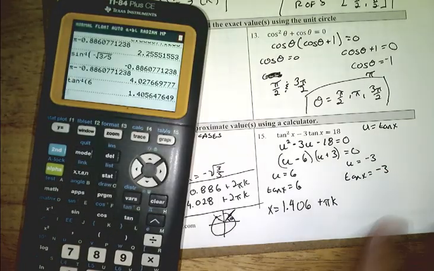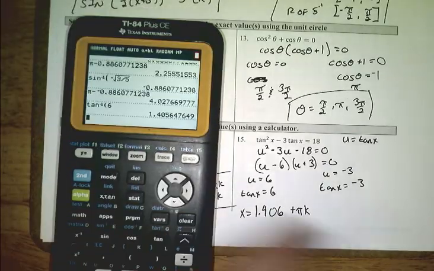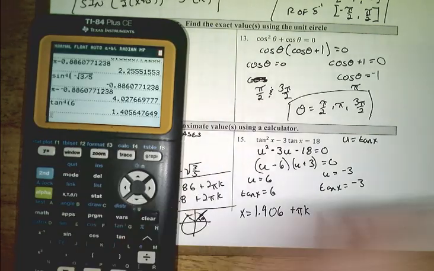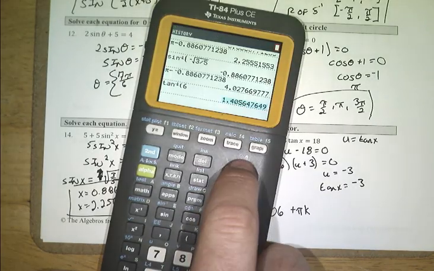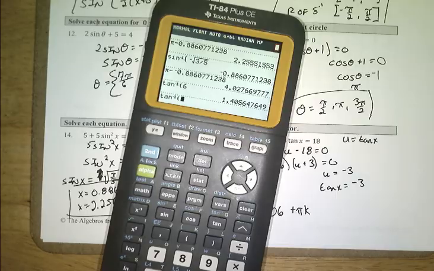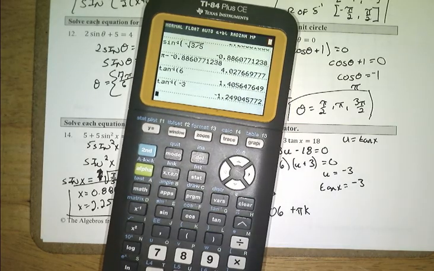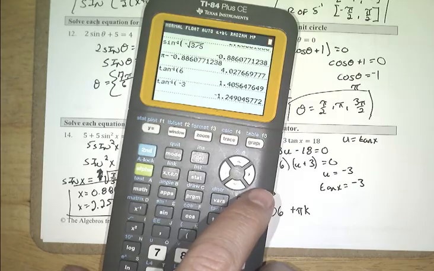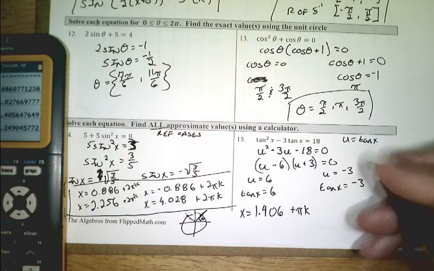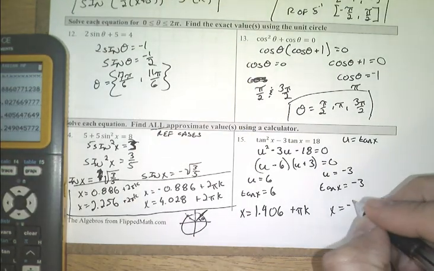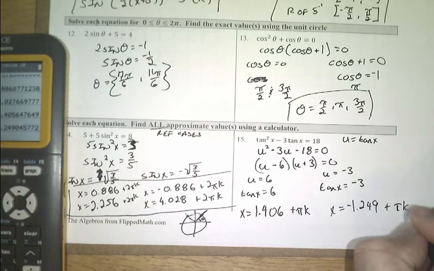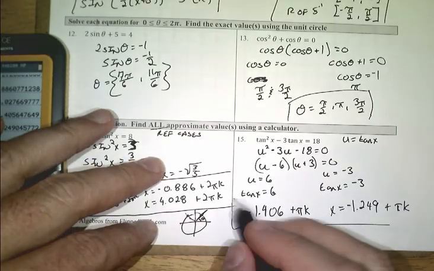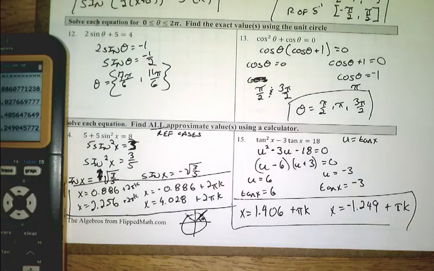We don't have to worry about the reflections for tangent because tangent has a period of pi. And then we'll do inverse tangent of negative 3 as well. Negative 1.249. So we'll also have negative 1.249 plus pi k. There we go. Okay, I will see you guys in the next recording.